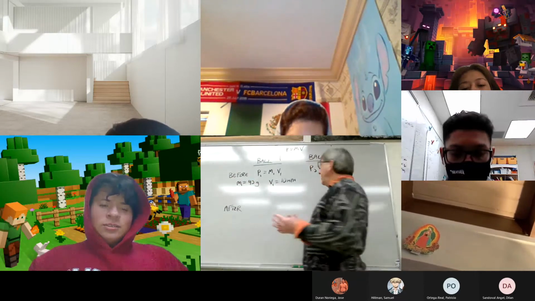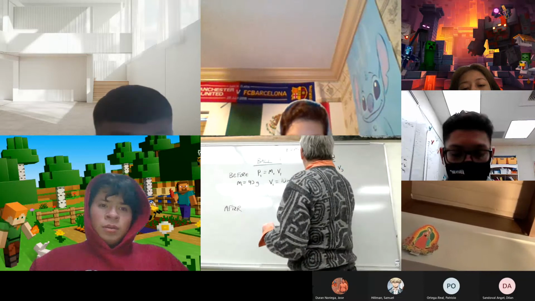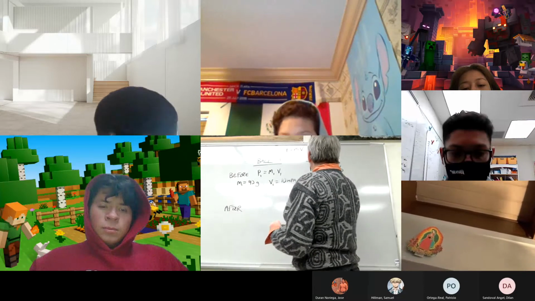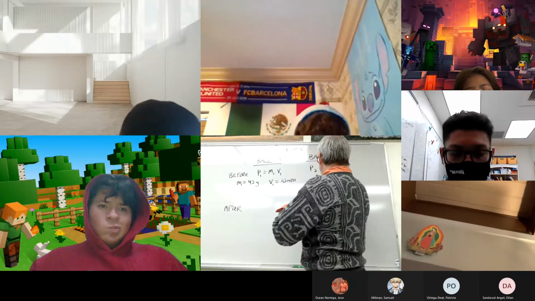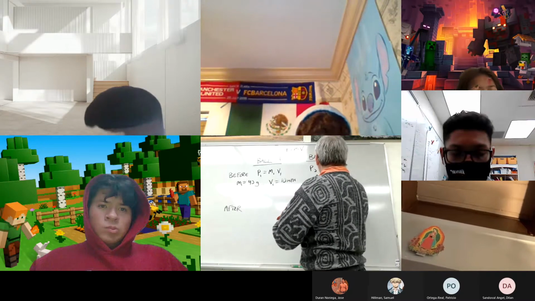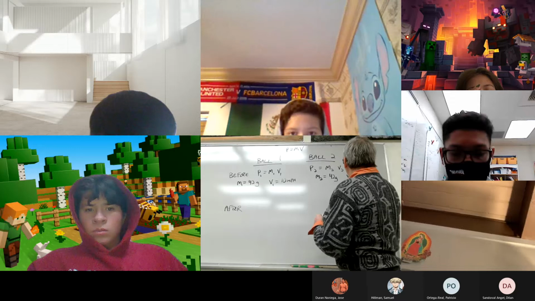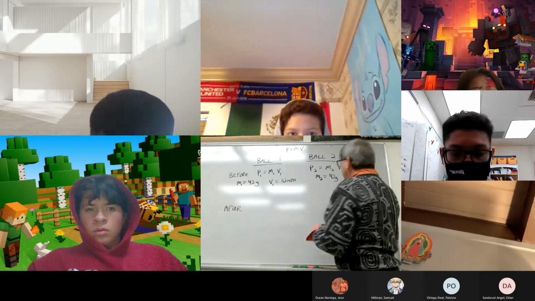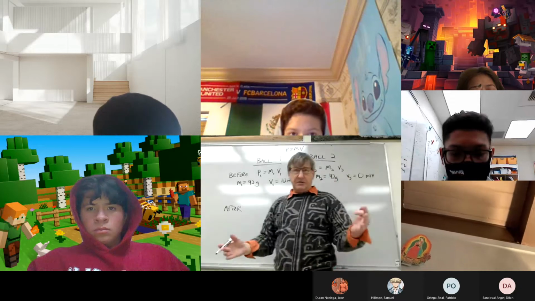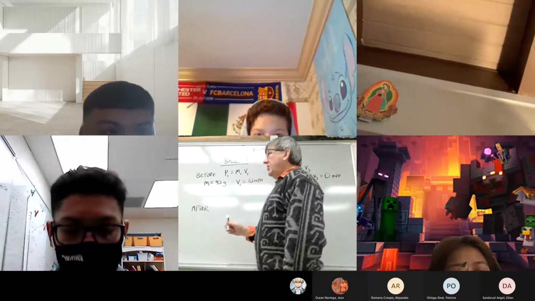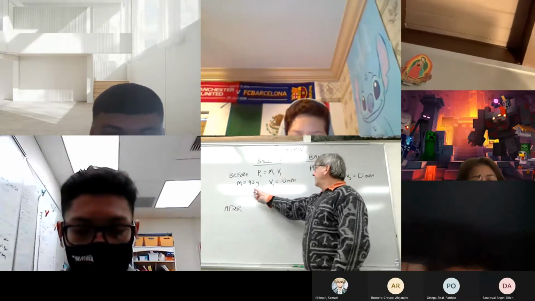Okay? For ball 2, the second ball's mass was also 42 grams, and it was very clear that its velocity before the collision was 0 miles an hour, right? So what do we get here?